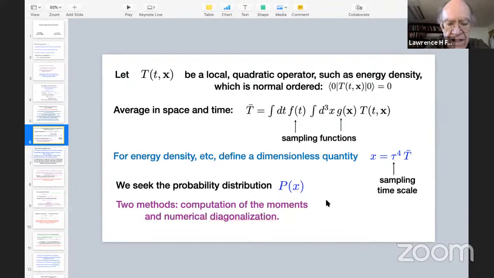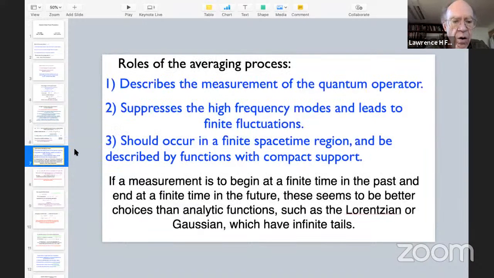Now, I'll briefly sketch two ways to approach this, which can be used. One is the computation of the moments of the distribution, and the other is what's called a numerical diagonalization procedure. So let's first talk about moments. Well, first, let's go back for a moment.